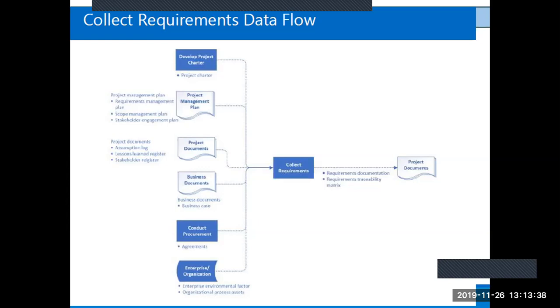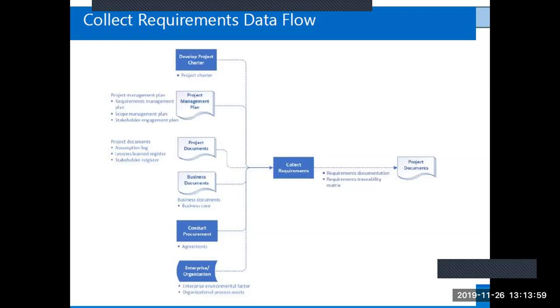So that process under integration, you have the project management plan, which contains the requirements management plan, scope management plan, and stakeholder engagement plan. These are the three plans that would be required to collect requirements at that level.